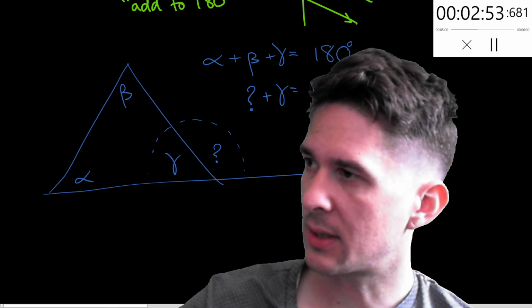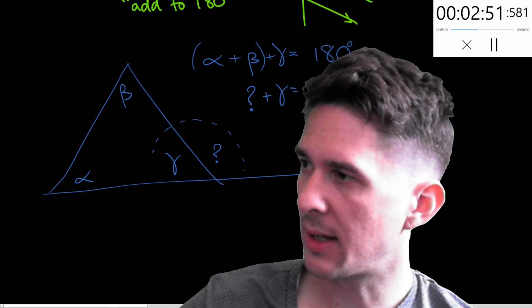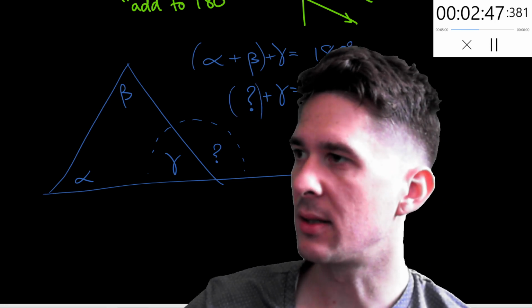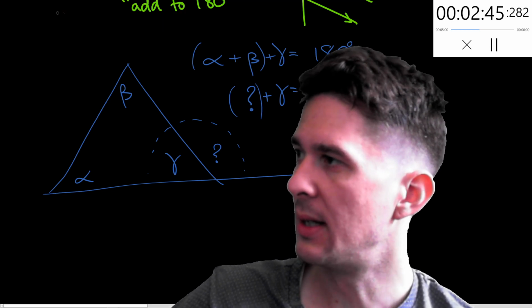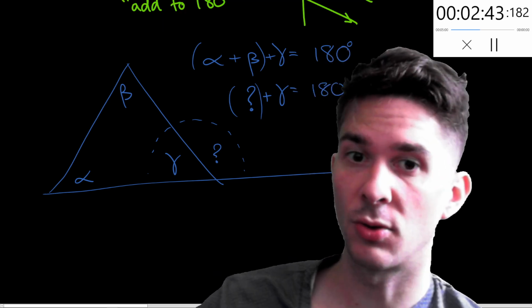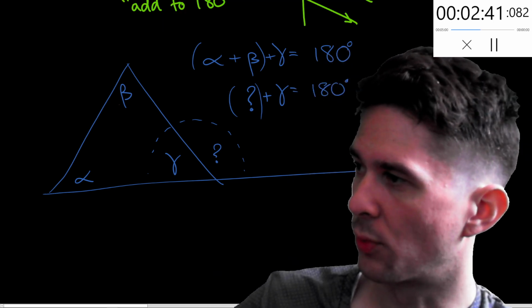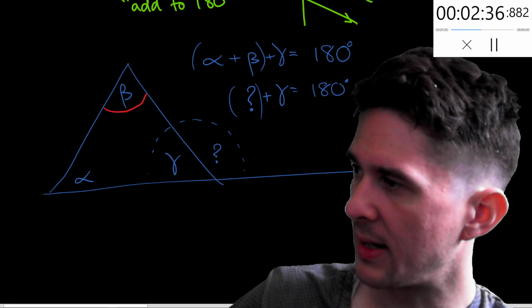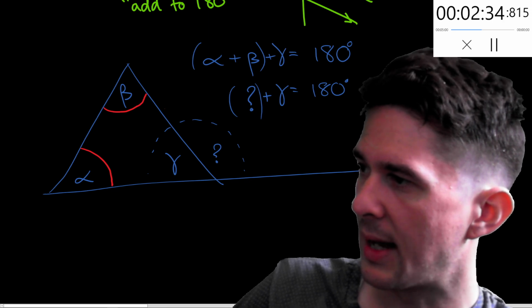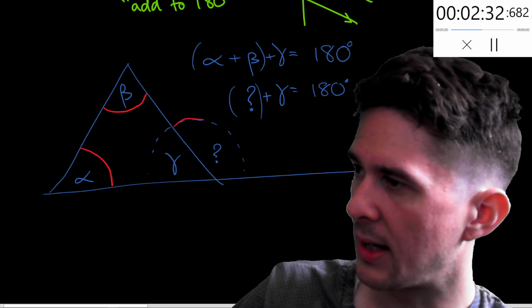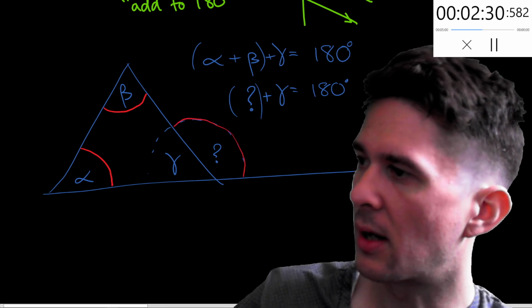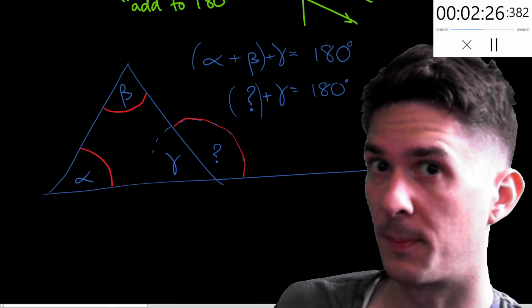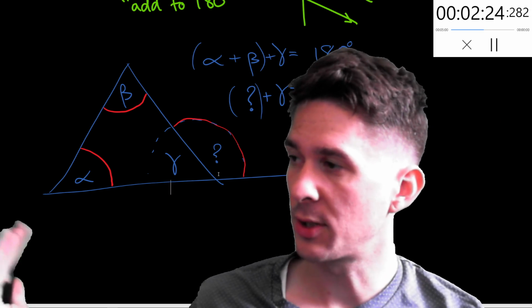What this allows us to see is that that external angle that I've marked with a question mark has to be equal in size to alpha plus beta in order for this to be true. In other words, the rule that I'm trying to explain is that if we extend the base of a triangle, the external angle that we create is equal to the sum of the two opposite internal angles. Okay? This is going to make sense when we do the questions.